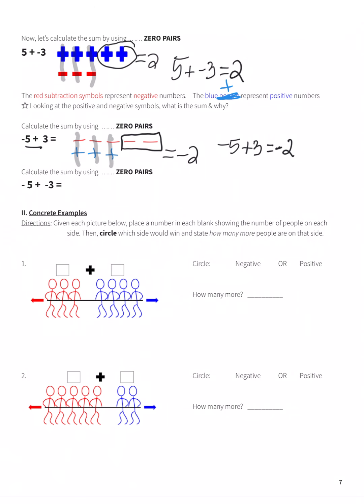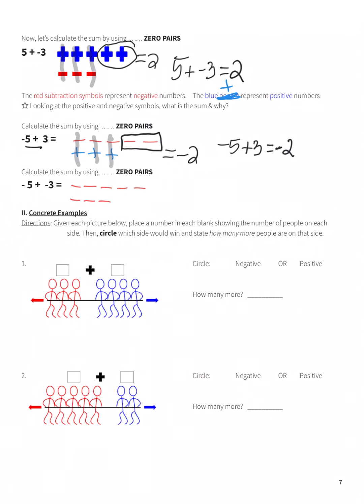All right, one more. We have negative 5 plus negative 3. All right, so top number 1, 2, 3, 4, 5. Bottom number 1, 2, 3. I'm looking at this now and I'm like, oh shoot, these are all negatives. How am I supposed to make a 0 pair? Every negative and every positive, you got to pair them up to make that 0 pair and cross them off. So what am I supposed to do here? Guess what? There are no 0 pairs.